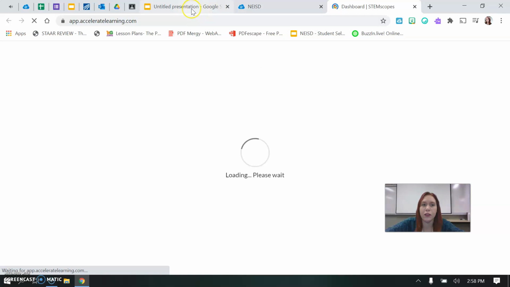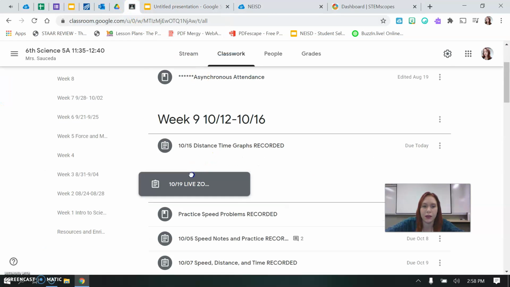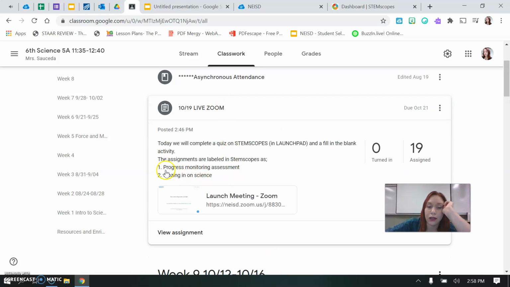Open it up, and yours will look a lot different than mine, but you're looking for these 2 assignments right here: the progress monitoring assessment and the closing in on science. Those are the 2 assignments you're going to complete on STEM scopes.